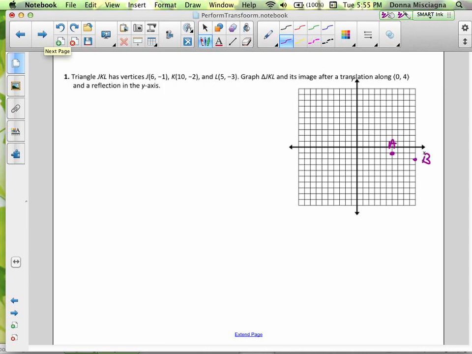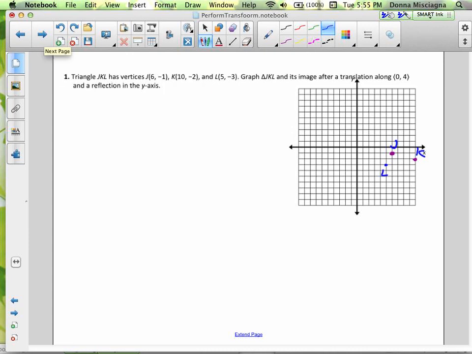That's K. I don't have a purple marker, so I have to change the color. And then L is 5, -3. 1, 2, 3, 4, 5, 1, 2, 3. And so that is L.